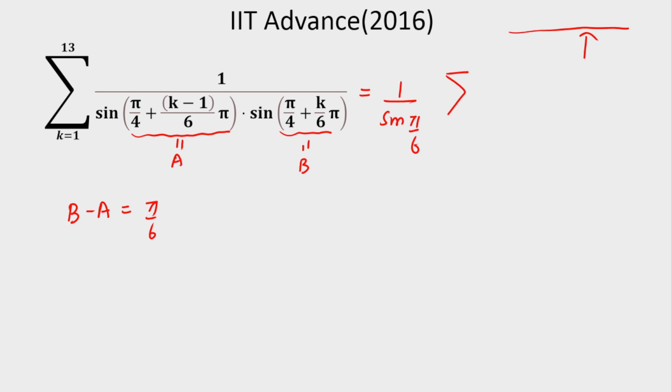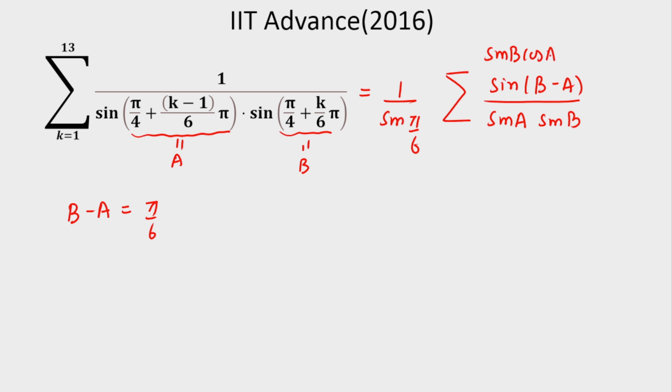And here I'm going to multiply and divide by sine of B minus A, and divided by sine of A and sine of B. Now I'm going to open this as sine B cos A minus cos B sine A. Once I open, you'll get this 2 times, because sine pi by 6 is 1 by 2 and then 2 will come in the numerator.